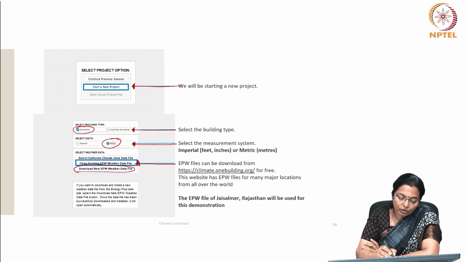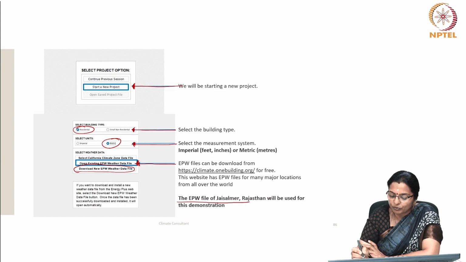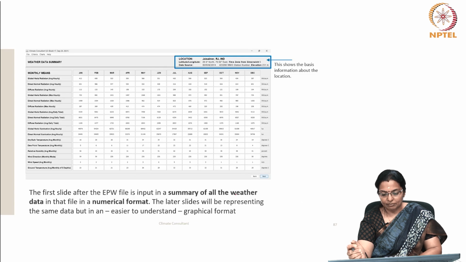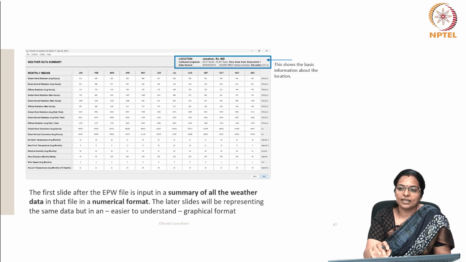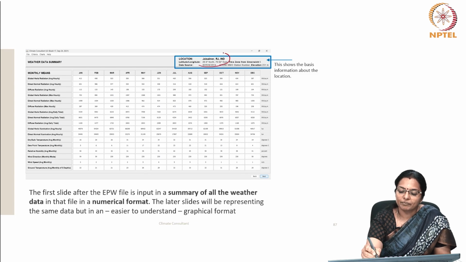If you want to download and install the weather data file from the Energy Plus website, select the download new EPW weather data file button. Once the data file has been successfully downloaded and installed, it will open automatically. Here we are using the EPW file of Jaisalmer, Rajasthan, for demonstration. Once you click on it, you will get the EPW file of Jaisalmer. Here you can see Jaisalmer.